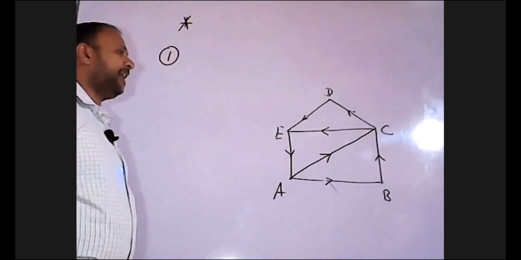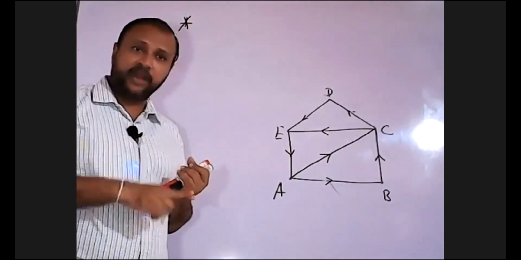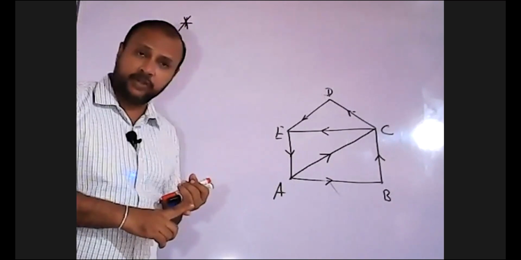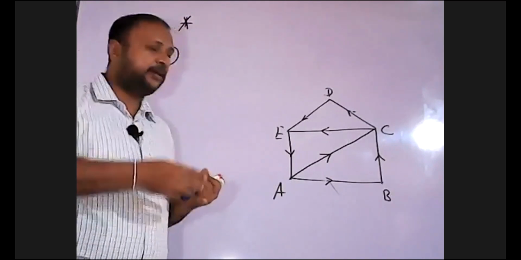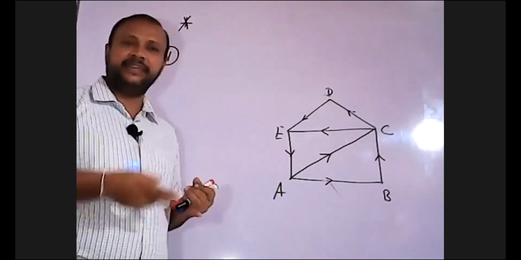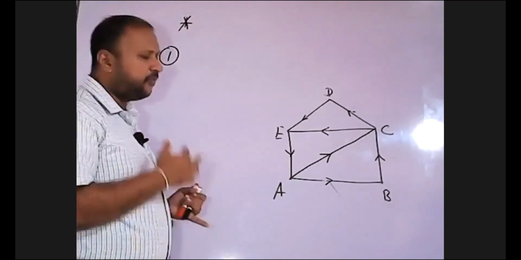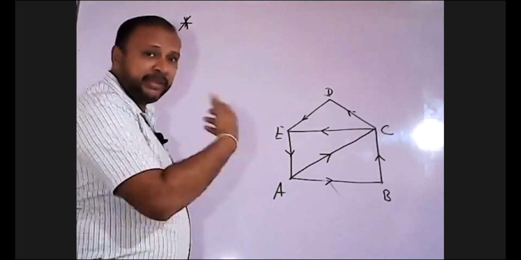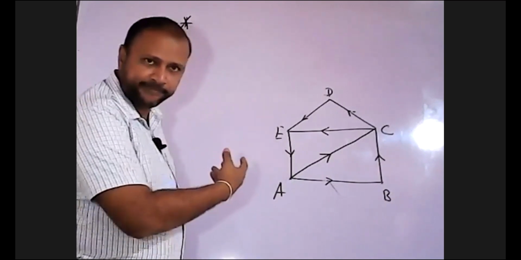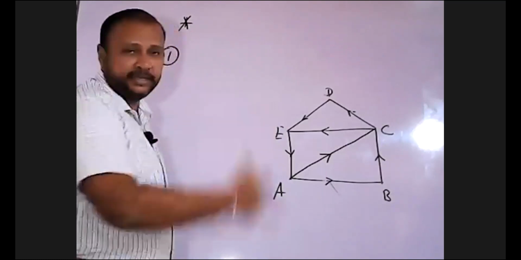Therefore, the first thing is to identify whether there are closed polygons or not. Once you identify the closed polygons, remove all forces in the force polygon. You can apply the closed polygon again and again, if you can see more polygons.